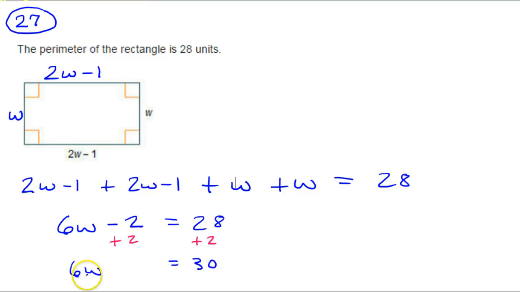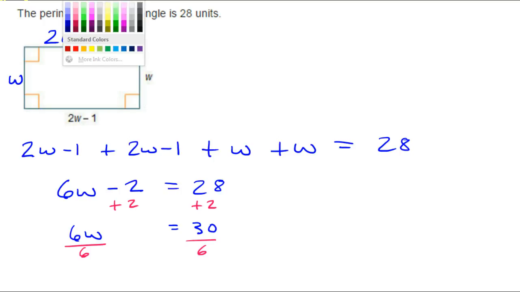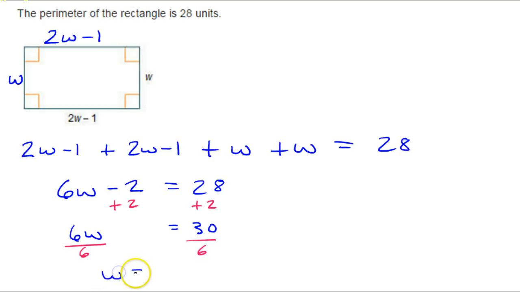Adding 2 to both sides, I get 6W equals 30. Dividing both sides by 6, I get W is equal to 5. So that's it for that one. W is 5.